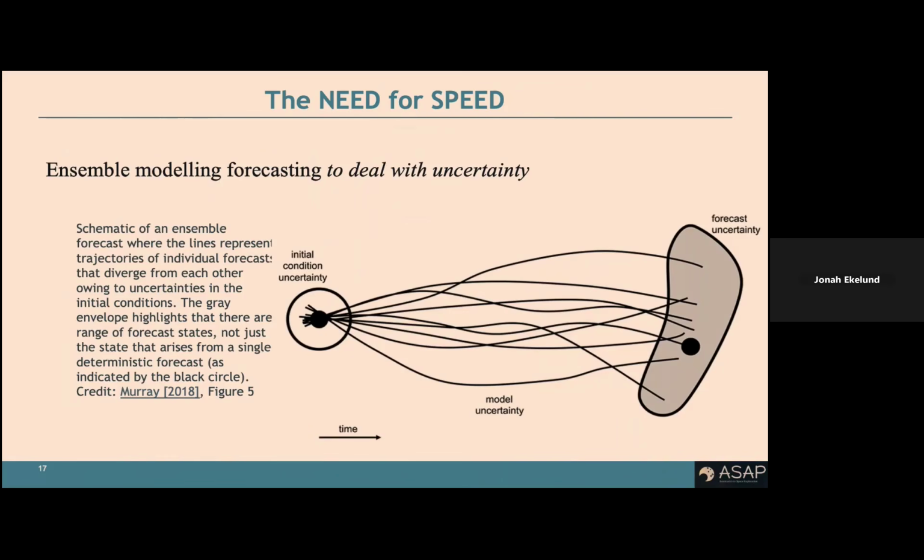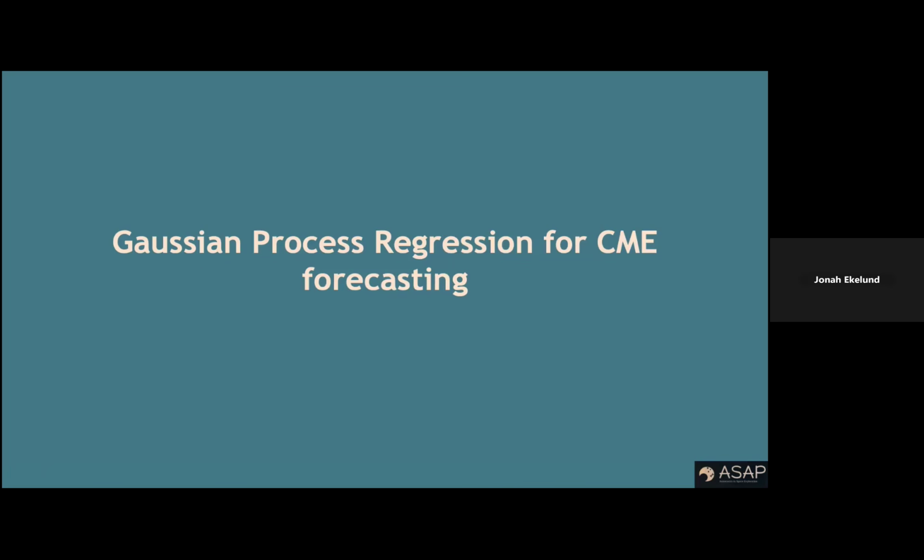I'm going to mention this briefly, which I actually stole from Stefan Puts, this slide, who is my advisor who works on the COCONUT model. So the idea is to find a way to do ensemble forecasting without running all these runs. And that's what we're going to do.